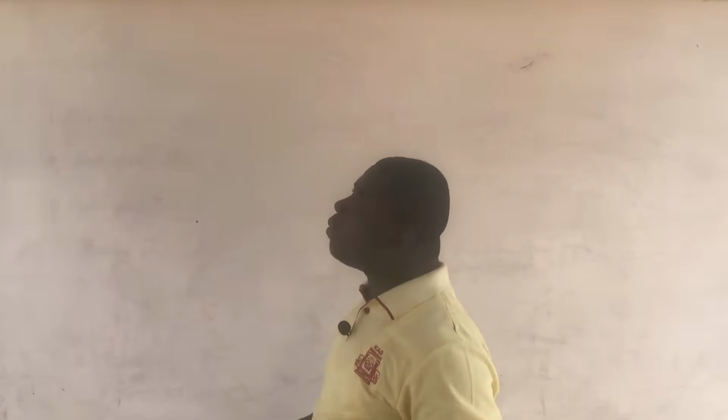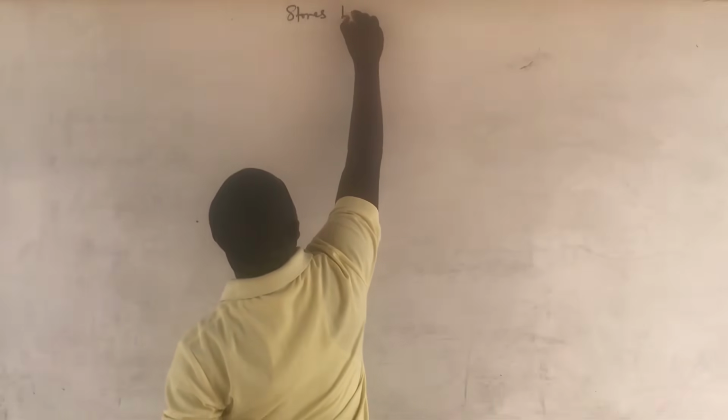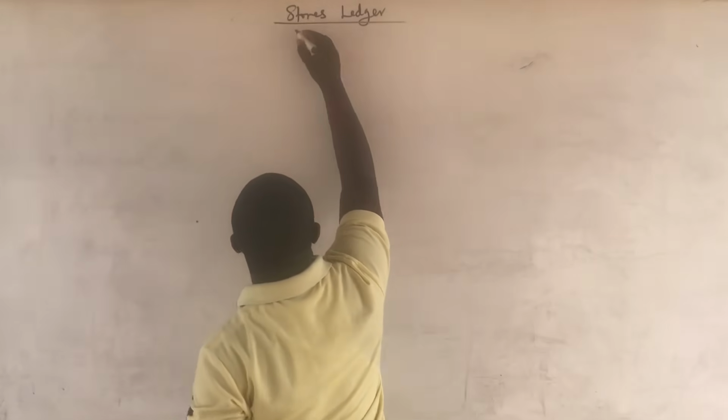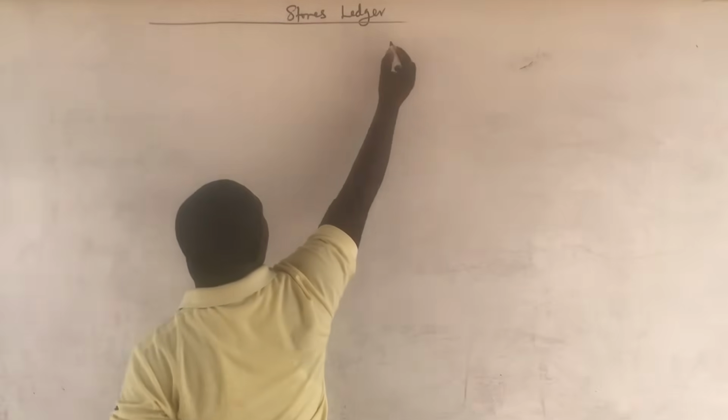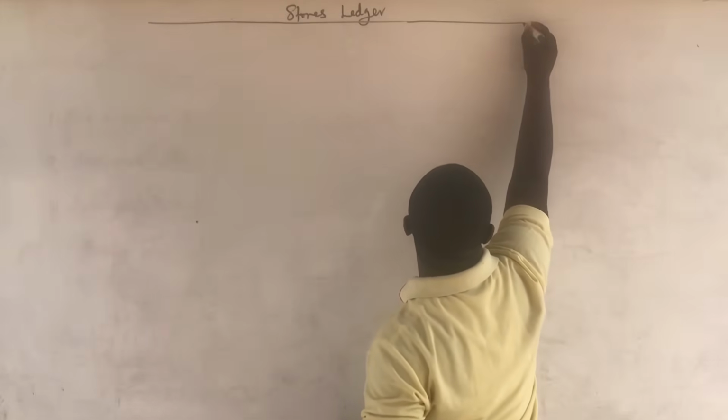So I'm going to give you the format for the stores ledger. So you say stores ledger. I'm going to use the FIFO method first, and then afterwards I'm going to use the LIFO method. But the format is the same regardless.